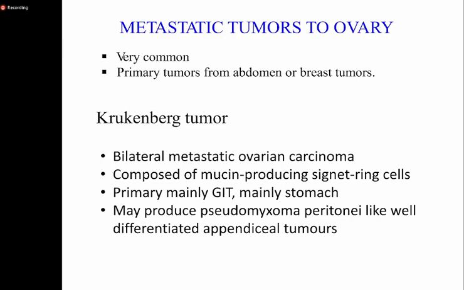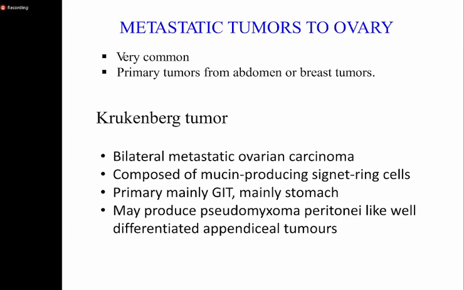Even as far as breast tumors can metastasize to the ovaries. And when they do, particularly if they involve both ovaries, then we assign them this interesting name, Krukenberg tumor. And these are specifically bilateral metastatic ovarian tumors. They are composed of mucin-producing signet ring cells.